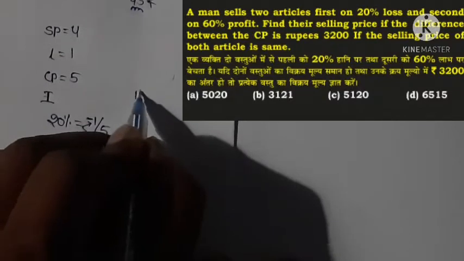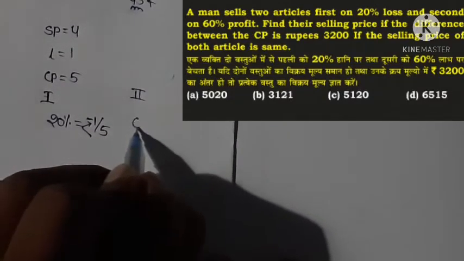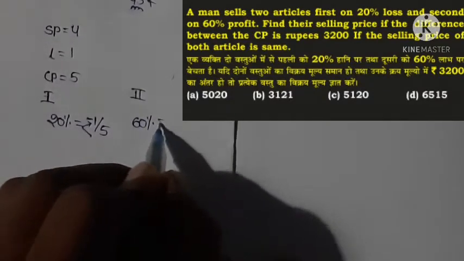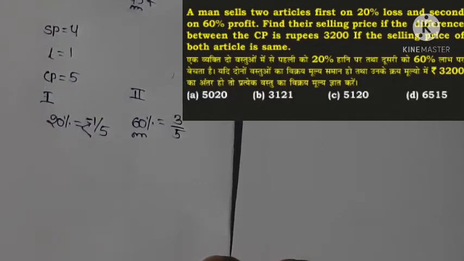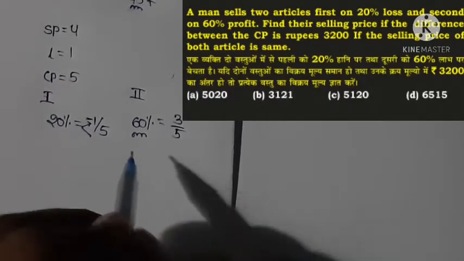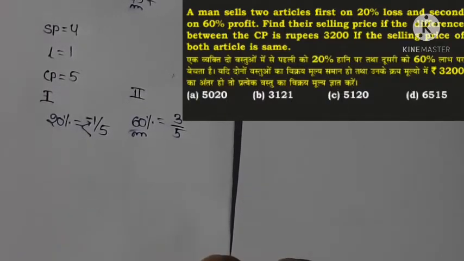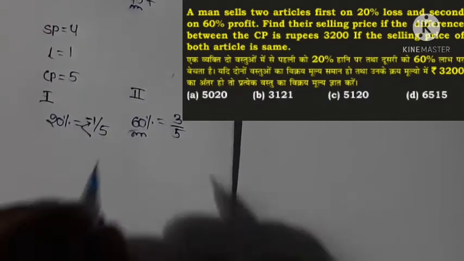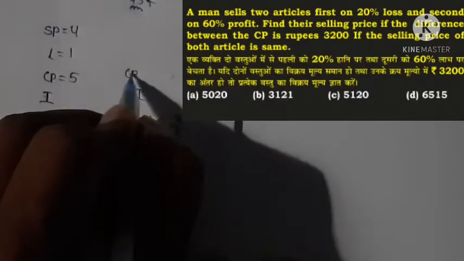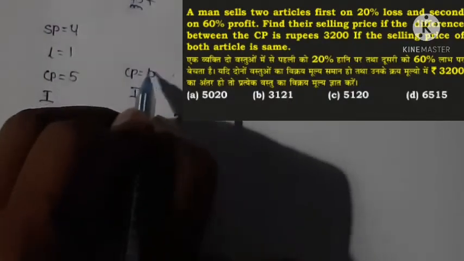The second one is 60% profit. So 20% is 1 by 5, and 60% is 3 by 5. Say the cost price is 5.